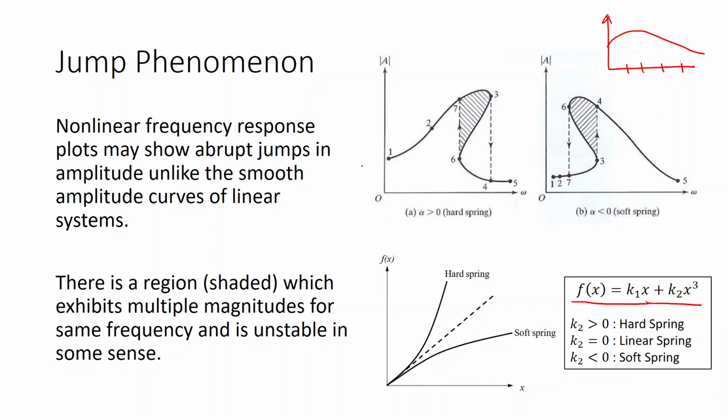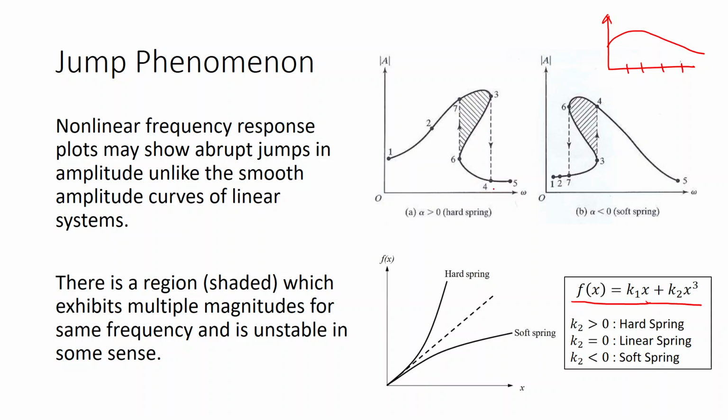However, in this sort of system, if you plot the frequency plot, suppose I start from point 1, it will go 1, 2, 7, 3, like this, and then there is a sharp jump to 4. It is not continuous, it is not going through 3, 6 and then 4. From 3 it is directly jumping to 4, so there is a discrete jump, a discontinuity.